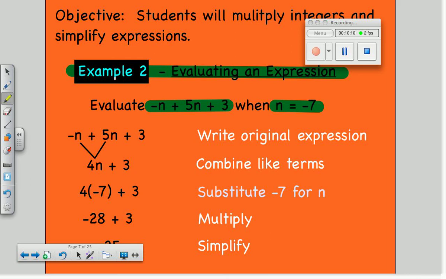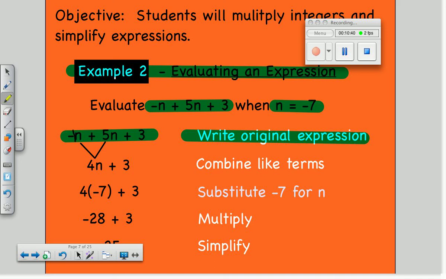So first I have the original expression. Then I'm multiplying negative n times 5n. Well, don't forget the identity property of multiplication, that there's always a 1 in front of a variable. So negative 1 plus 5.